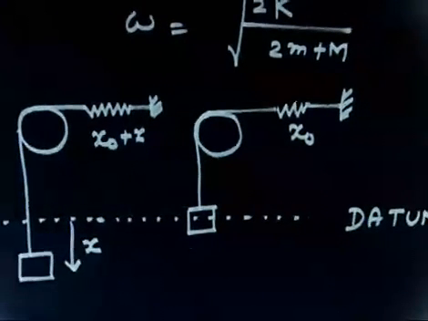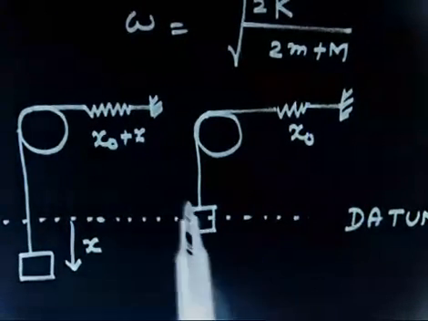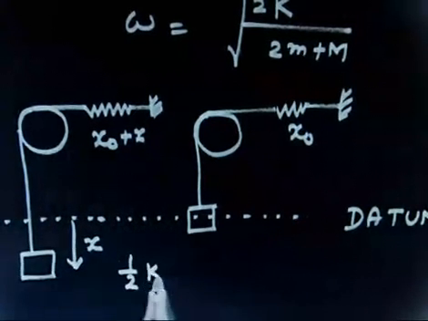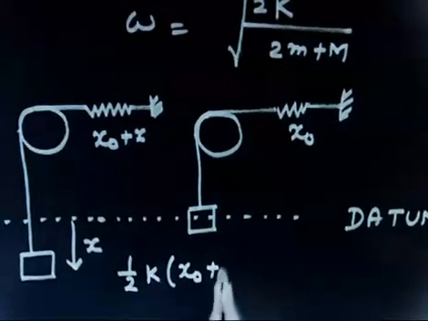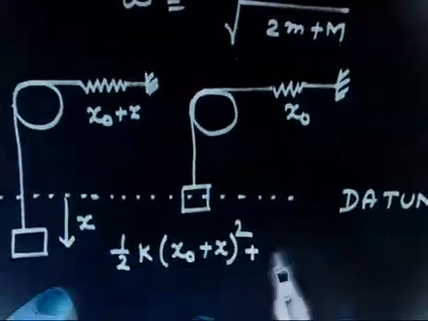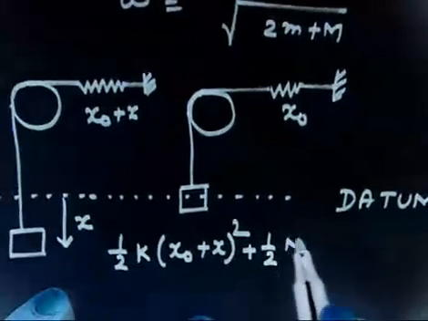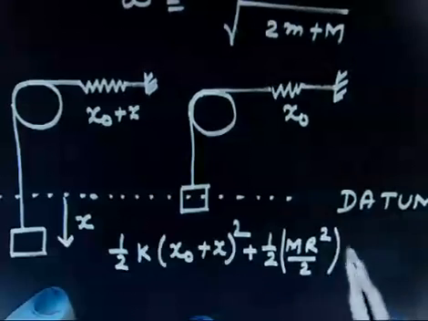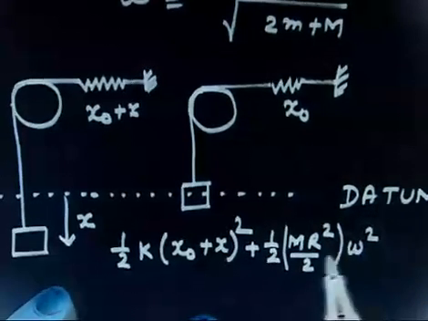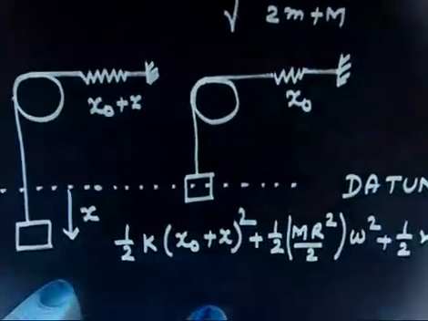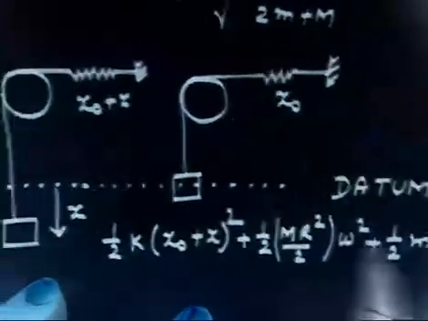Now if you want to write the total energy, it is half k (x naught plus x) whole square, plus half m v square, plus half I omega square, which is half M r square omega square, and this is v, so half M v square. You also have to write the potential energy.